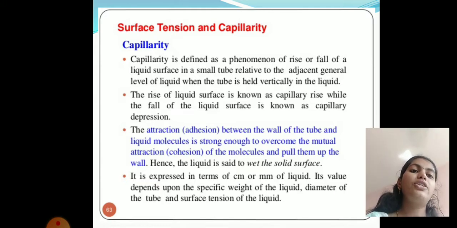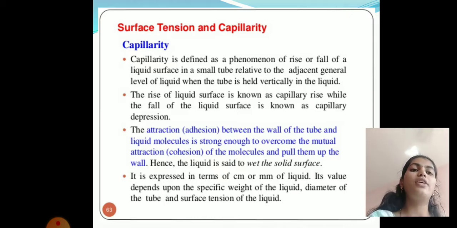Then the attraction between the wall of the tube and the liquid molecules is strong enough to overcome the mutual attraction of the molecules and pull them up the wall.